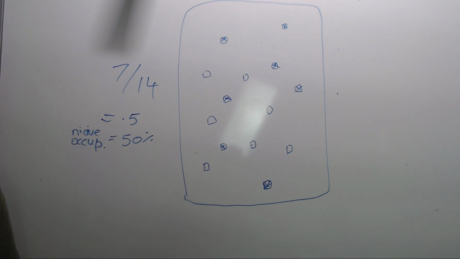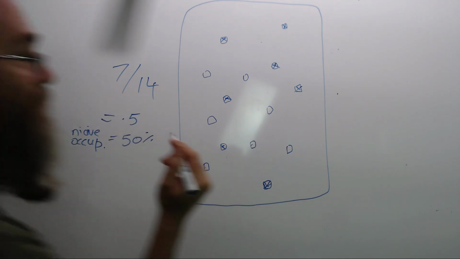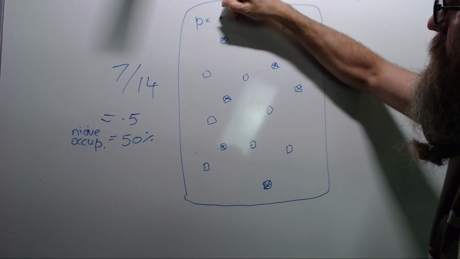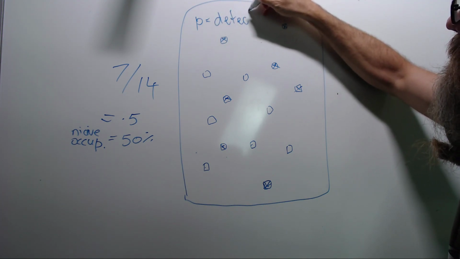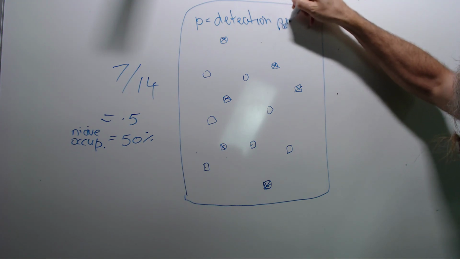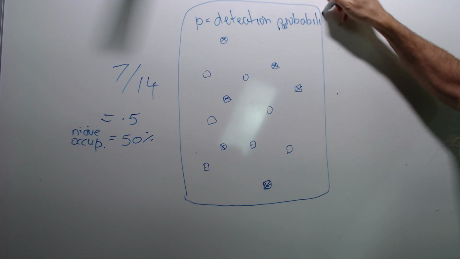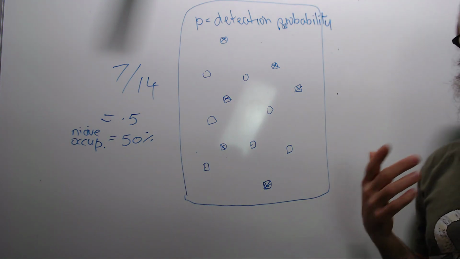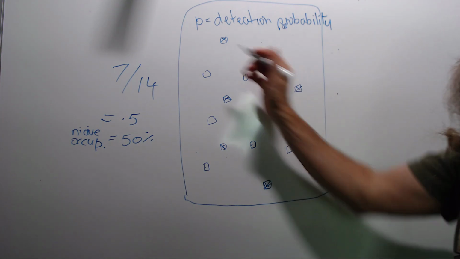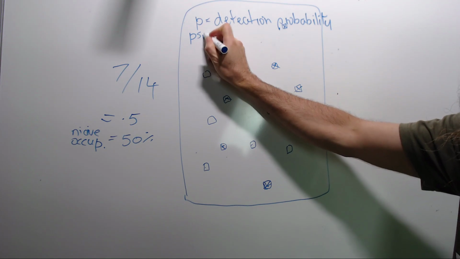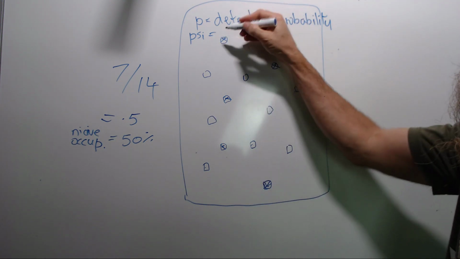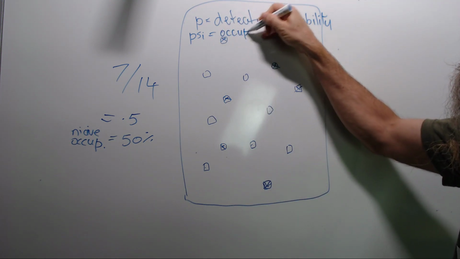And what occupancy analysis allows us to do is to calculate, sorry, I'll come back over this side, to calculate P, I'll put it in here, which is the detection probability. Which allows us then to work out at how many sites that species occurred, but we didn't find it, to come up with psi, or occupancy.